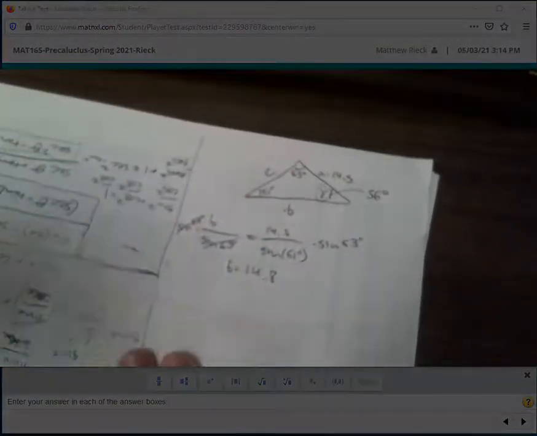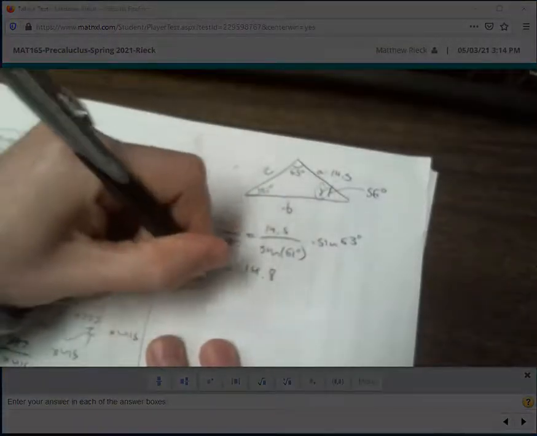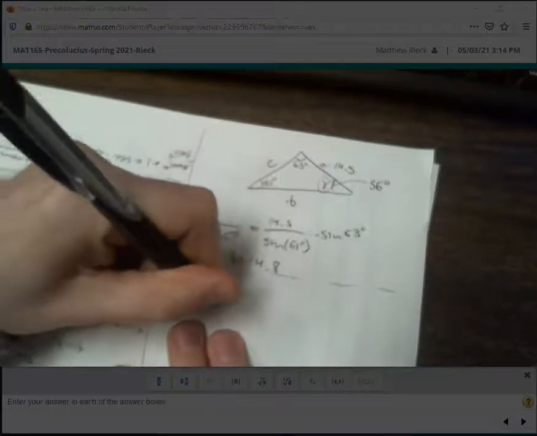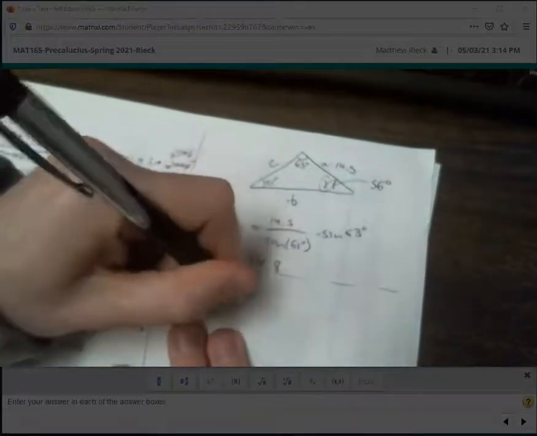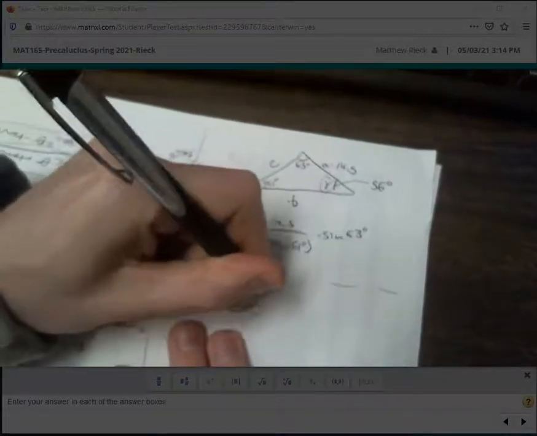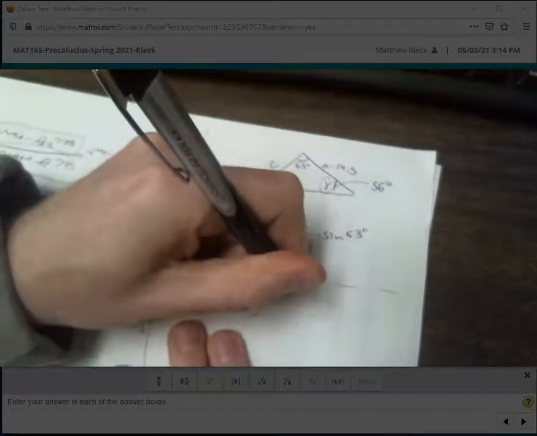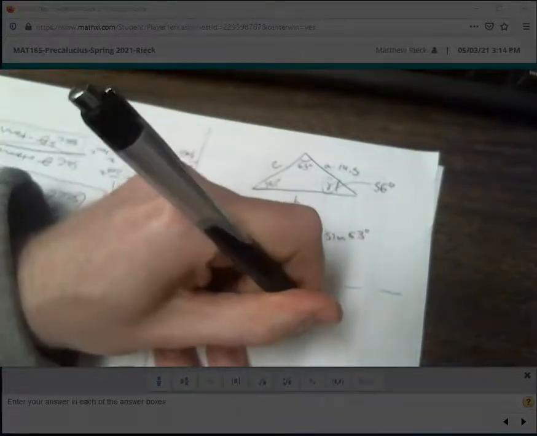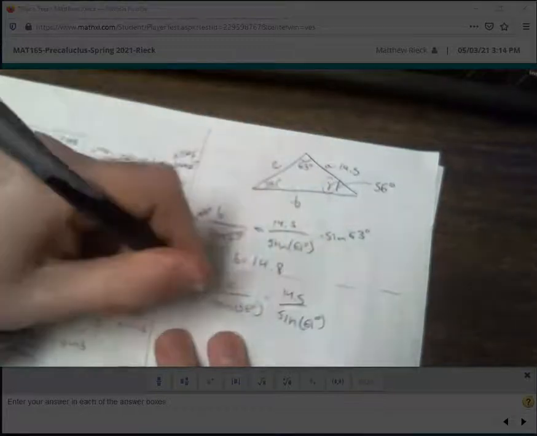And we can use a similar process to find side C. So here we have C divided by the sine of the angle opposite C, which is 56 degrees, equals A, 14.5, divided by the sine of the angle opposite A, which would be 61 degrees.